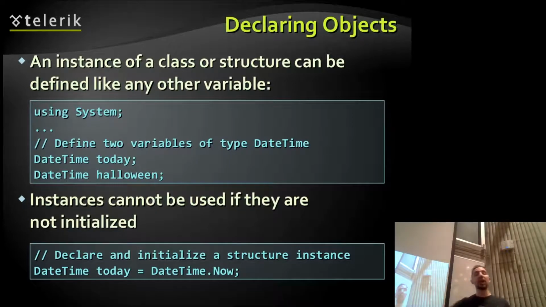So when I create a DateTime called today, its default value as a reference type is null. So you've got to keep in mind whether it's a value type or a reference type. And unless it's a value type, it's a reference type. The only value types are things like ints and strings.